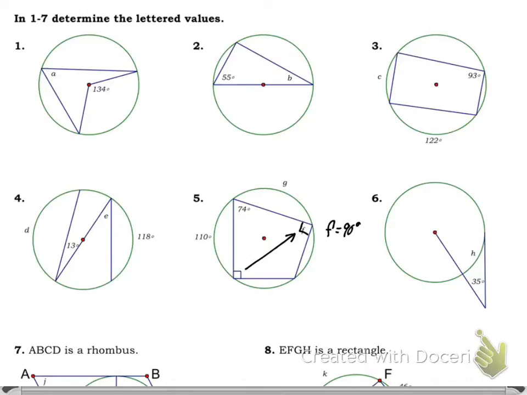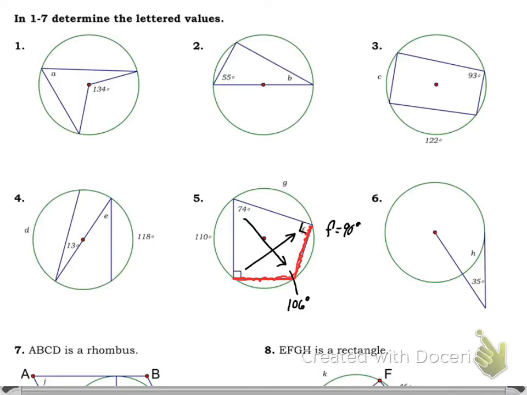My goal right now is to get the measure of this angle, let's highlight it in red, because that's going to give me the measure of the arc. We have 74 across the way, so that means this angle equals 106 degrees.